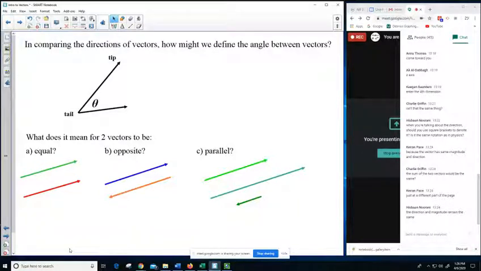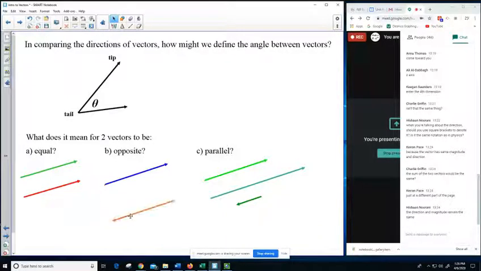Now, we also define this idea of being opposites. In other words, having the exact same magnitude, but in the exact opposite direction. So this is how we define opposite vectors.